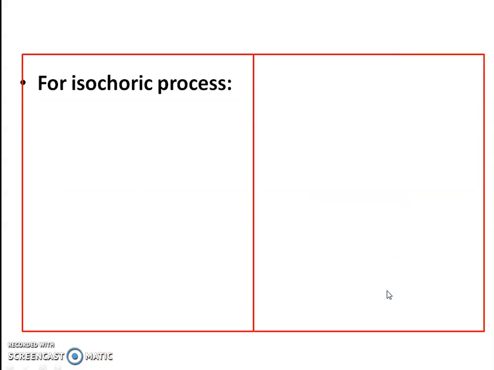Now consider the isochoric process. For an isochoric process, volume remains constant, so delta V is equal to 0.